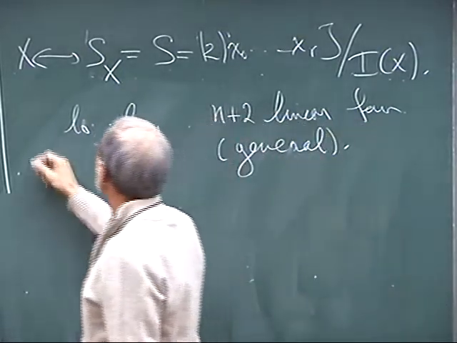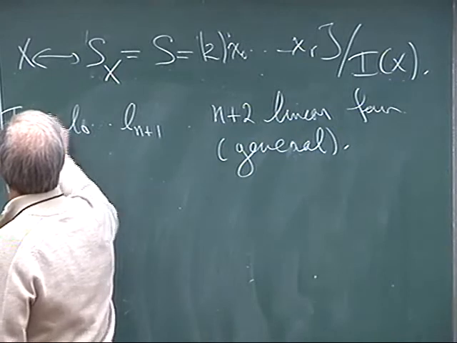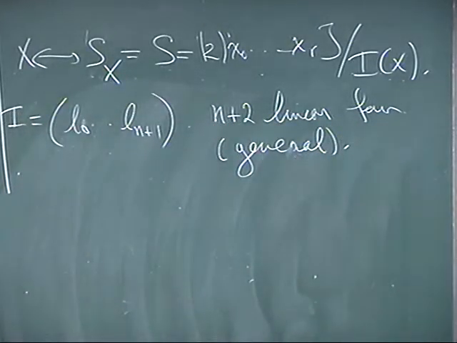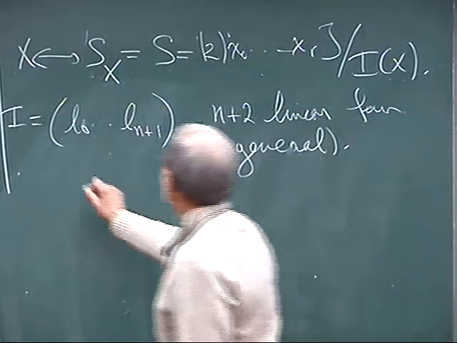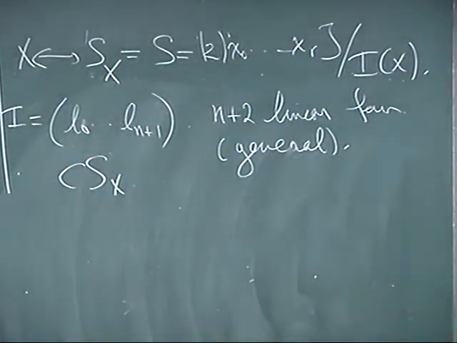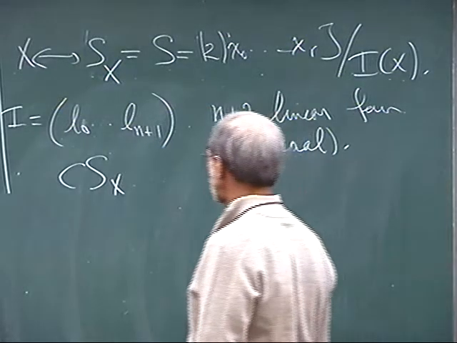They generate some ideal I. We can think of it inside S_X instead of inside the polynomial ring. It doesn't really matter here. And thinking of it inside S_X, I want to take its powers and compare those powers to powers of the irrelevant ideal generated by x_0 up to x_r.